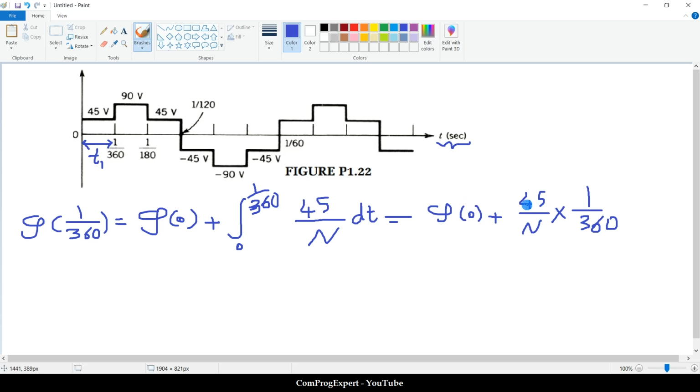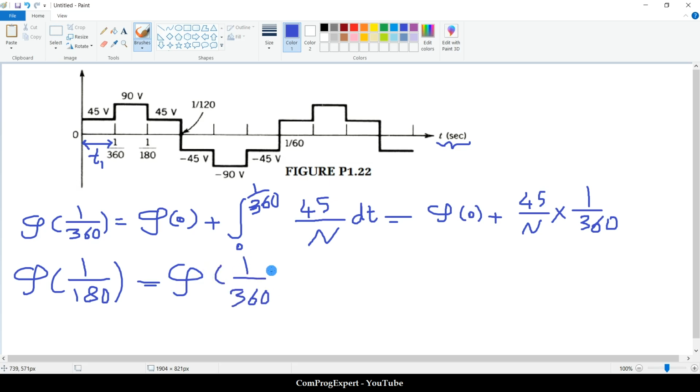So yes, you can do this calculation. Similarly, what is the value of the flux at 1 divided by 180? This is phi at 1 divided by 360, plus the integral from 1 divided by 360 to 1 divided by 180 of e divided by N dt.